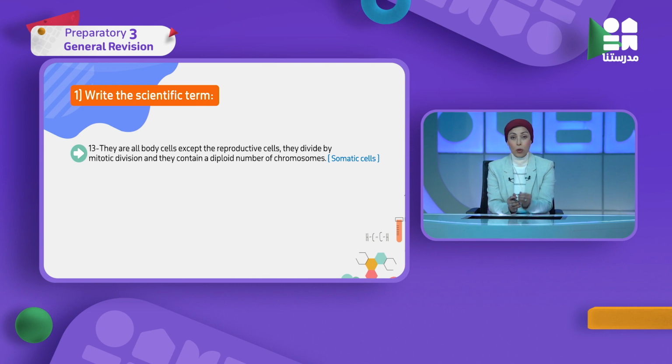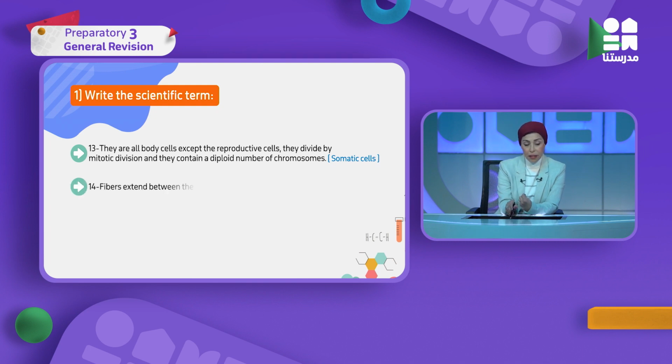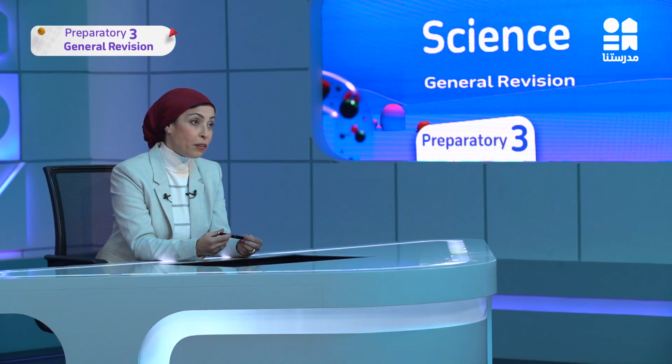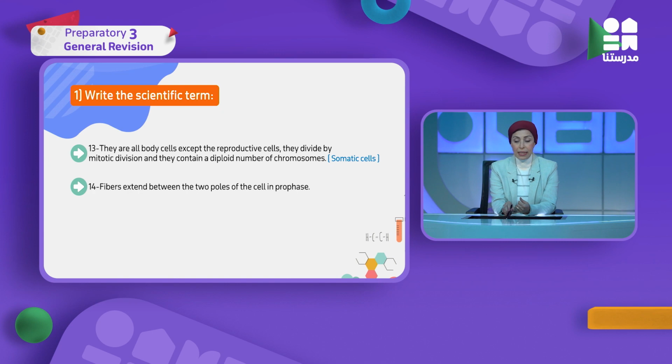Of course they have a diploid number of chromosomes, and when they undergo cell division they divide by mitosis. Fibers extend between the two poles of the cell in the prophase. What is the name of the fibers that form a spindle shape during the phases of cell division? It is called spindle fiber.